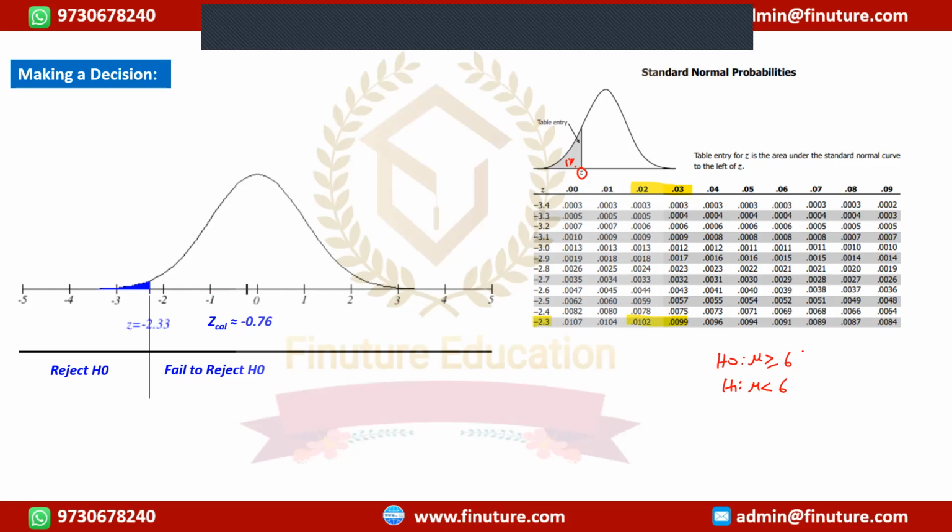So we don't have sufficient evidence to reject this. We have failed to reject the null hypothesis. It means somewhere the manufacturer is correct. At 99%, we are not able to reject this null hypothesis.